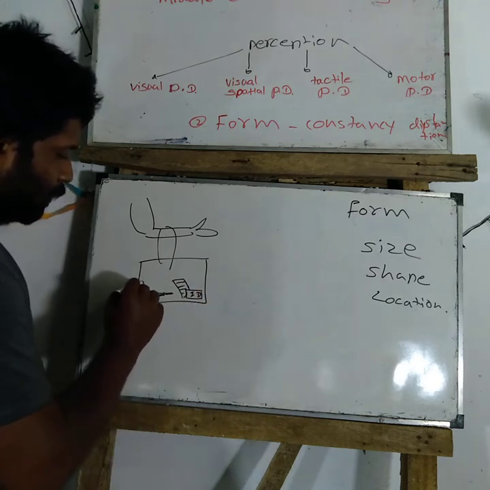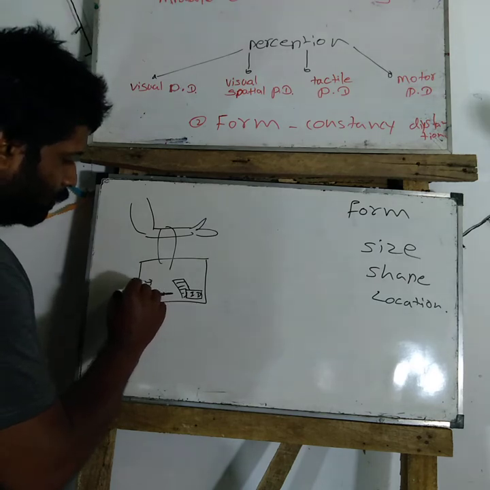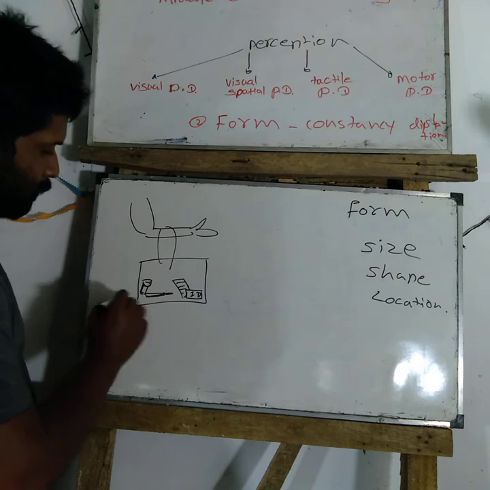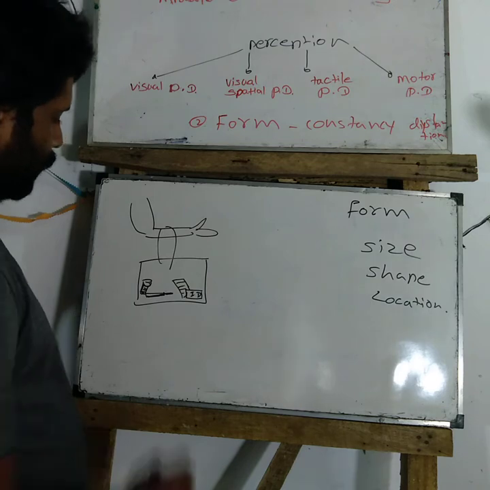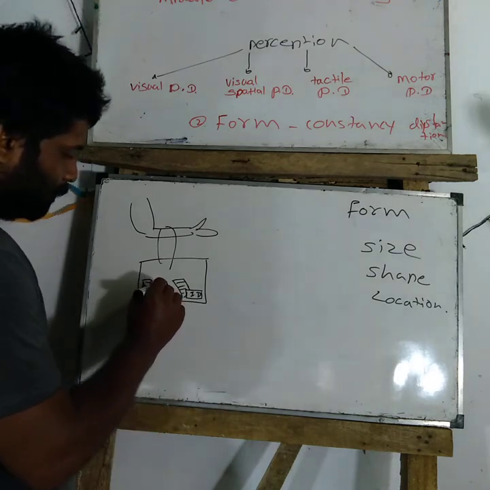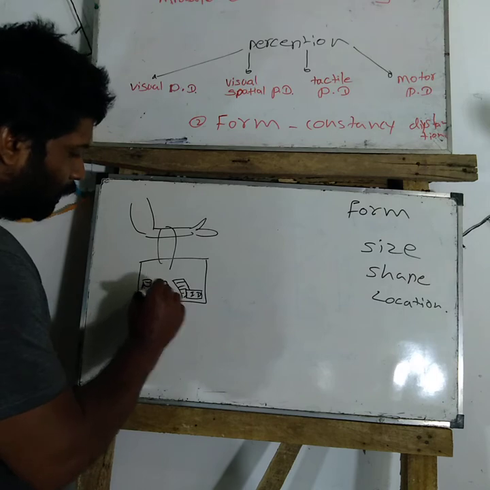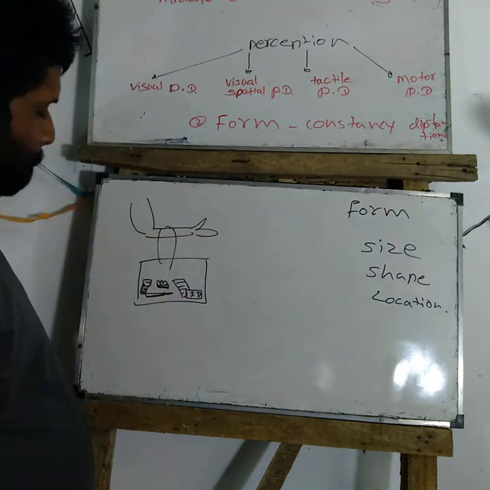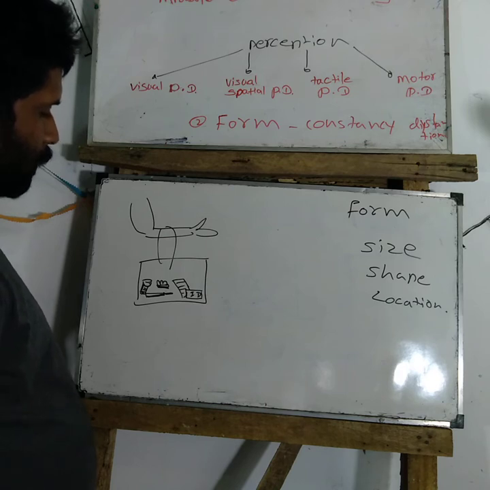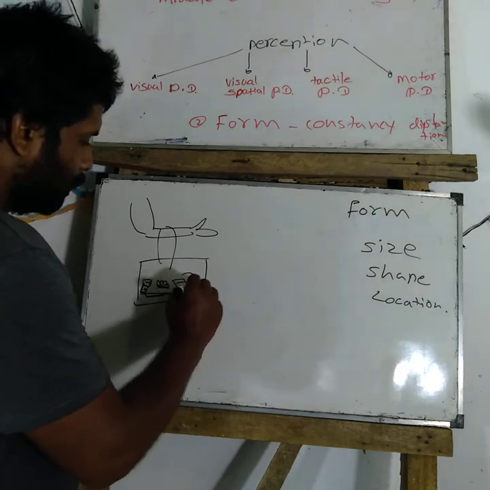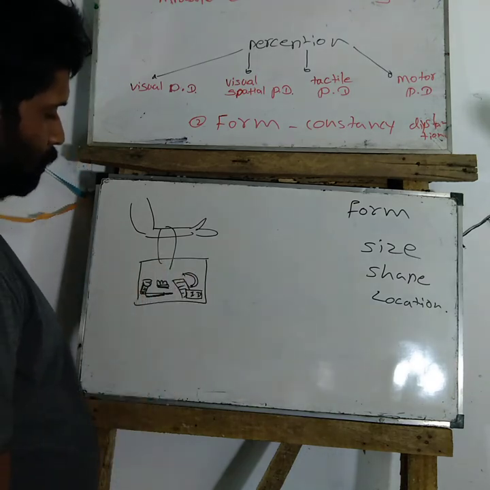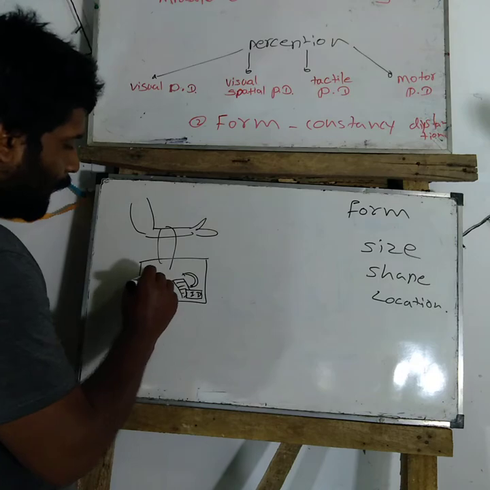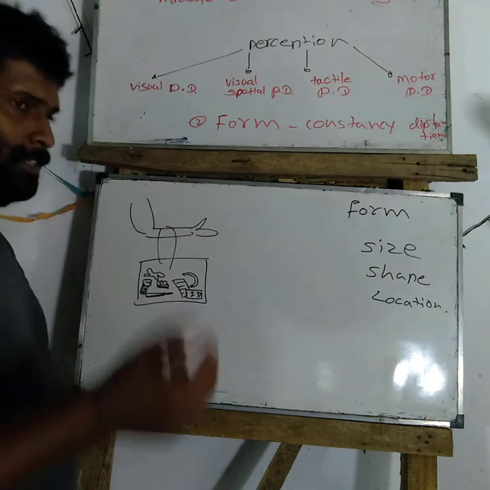This is the small book. This is the hair clip. Hair clip inside the bag. This is the rubber band. This is the handkerchief.